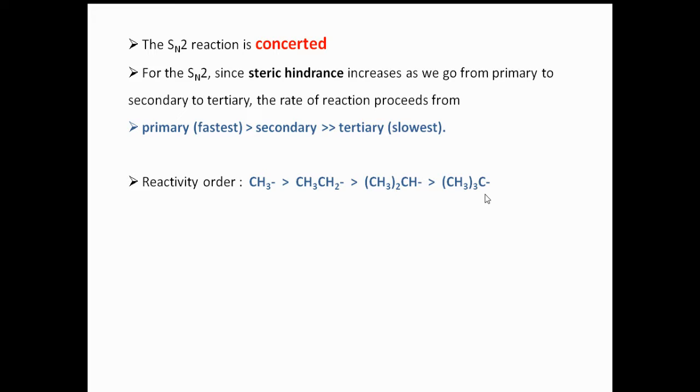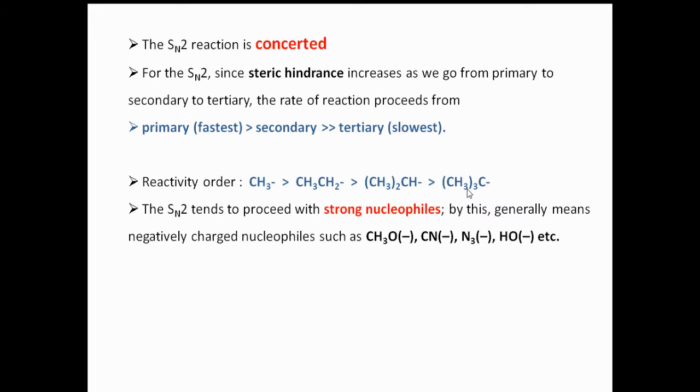Even in the tertiary butyl group, as the carbon is surrounded by three methyl groups, the nucleophile will find it very difficult to come and attack onto this carbon. So that is the reason tertiary are very slow in reaction. So the reactivity order is methyl, then comes ethyl faster, then isopropyl and tertiary alkyl groups.